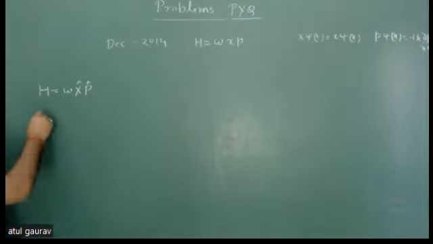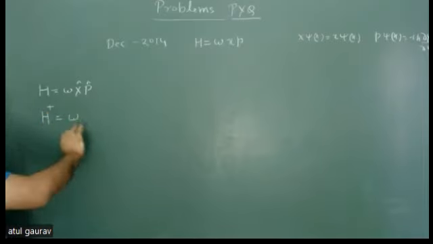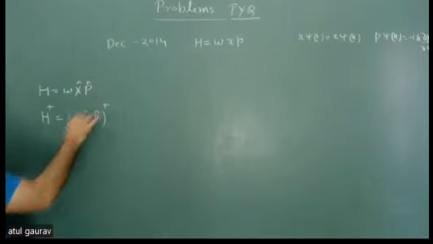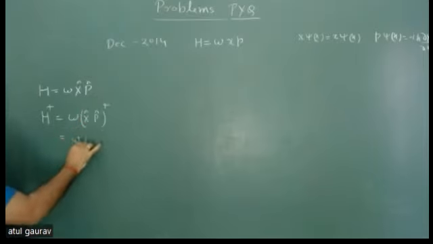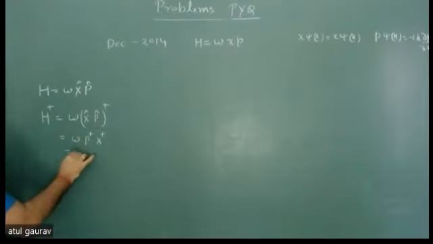Suppose I find H dagger. Omega is some positive constant, a real number, so there is no problem there. But we have x and p, and when we take the dagger, obviously this will be p dagger, x dagger, and these are Hermitian, so this will be p and x.